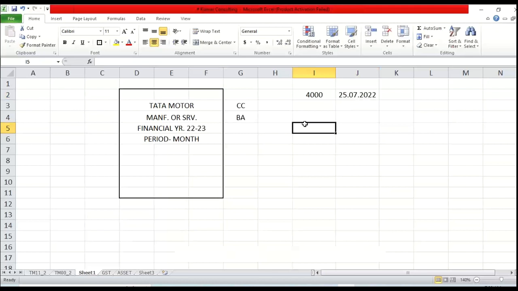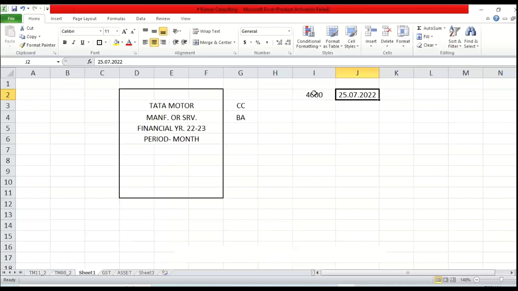So now what is happening, guys? This invoice we have received on this date. Now generally it is month end, but let's suppose on 25th itself they are going to send the invoice.